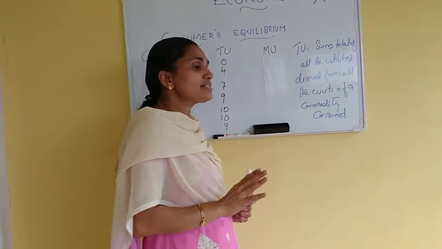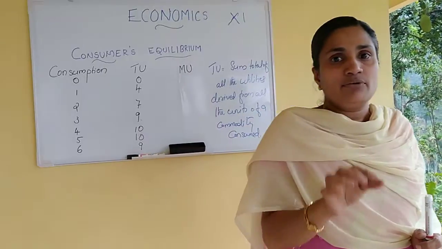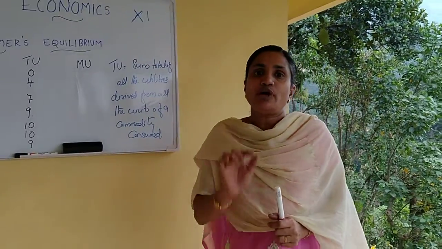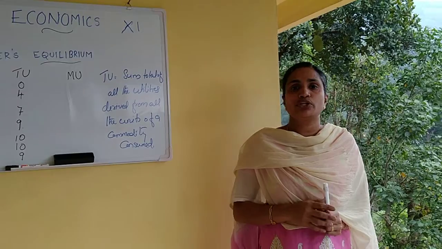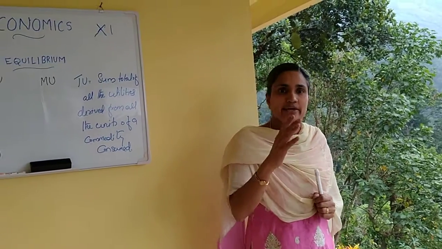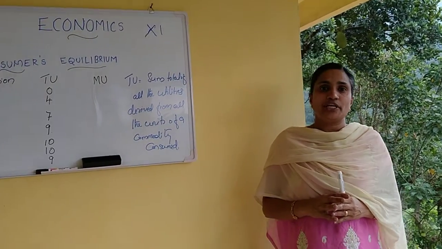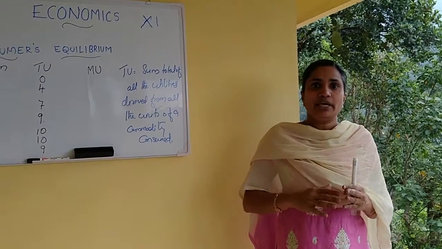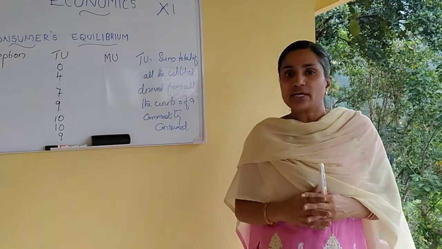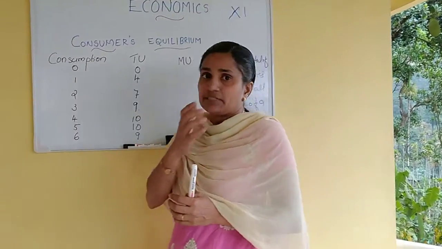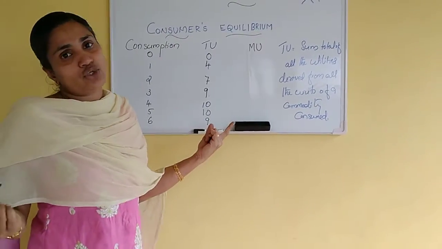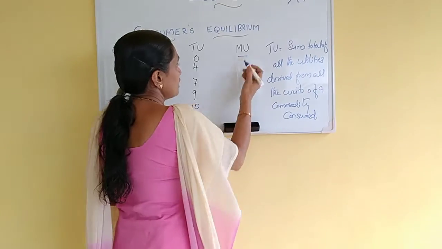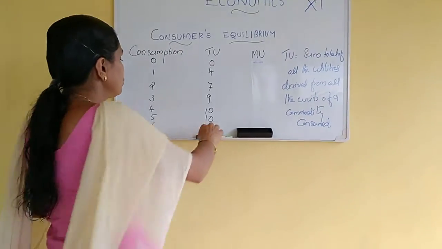In economics, the term marginal means additional. What are we getting additionally? The extra utility derived from the extra units of a particular commodity. Here we can see marginal utility. In the beginning, if you are not consuming, there is no marginal utility.